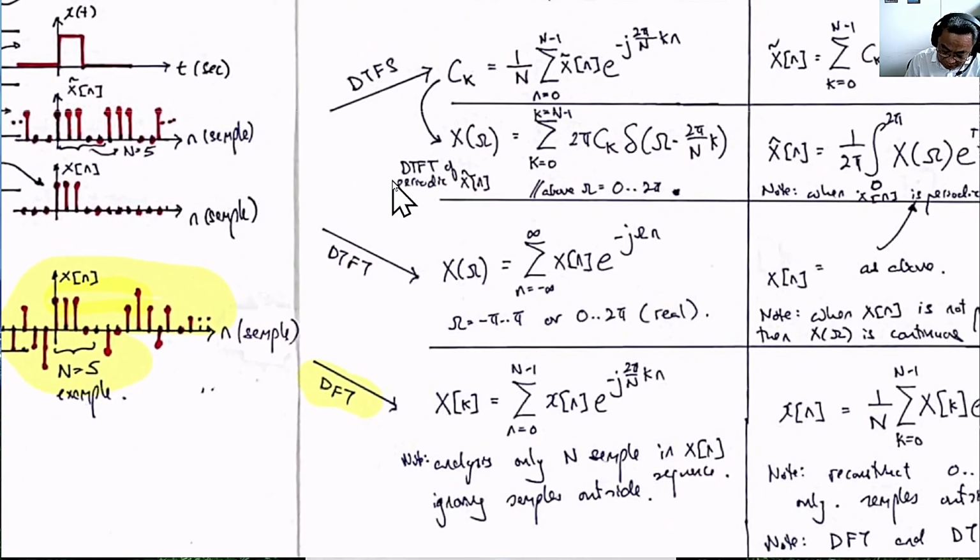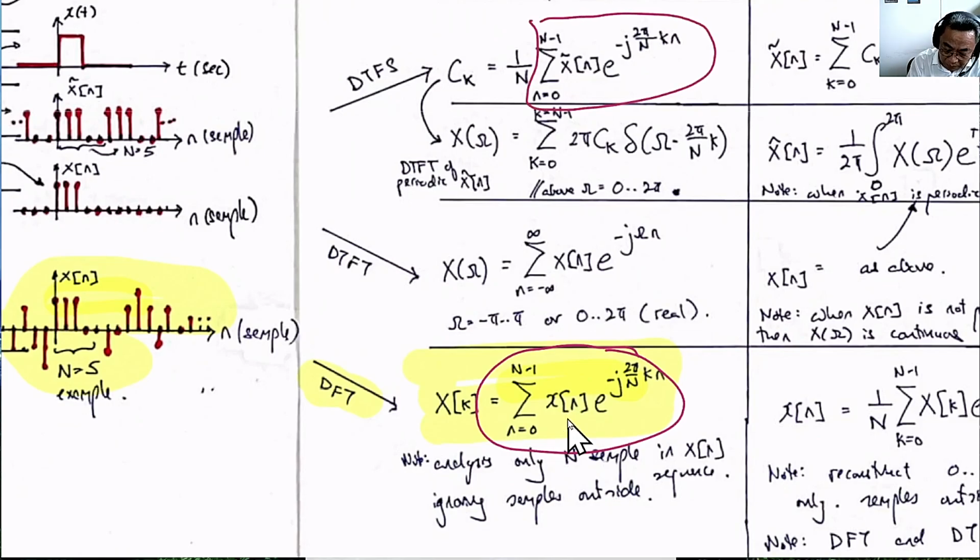So in the analysis equation of DFT, you realize that this particular equation here is exactly the same as here. Look, from n equals 0 to N minus 1, the signal itself, the single period, e to the minus j2 pi over N kn.